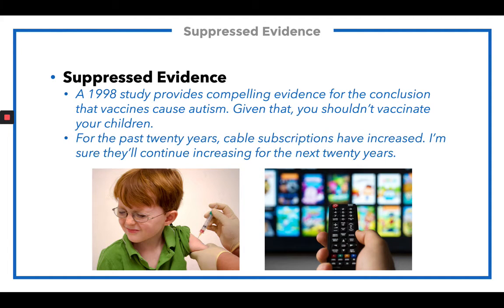The problem with this is, as we all know, that cable subscriptions are likely to decrease over the next 20 years. We can see that streaming services and things like that offer more flexibility and are more appealing. So even though cable subscriptions have been going up in the past, there's no guarantee that they're going to continue to increase going forward. In fact, it's unlikely that that's going to happen.